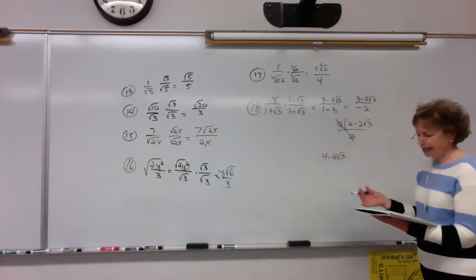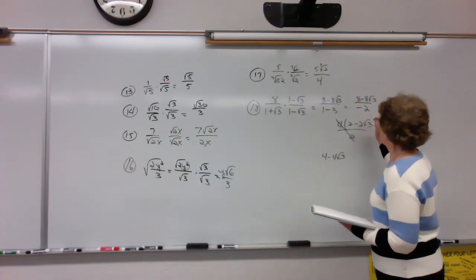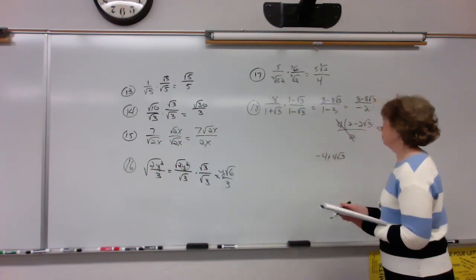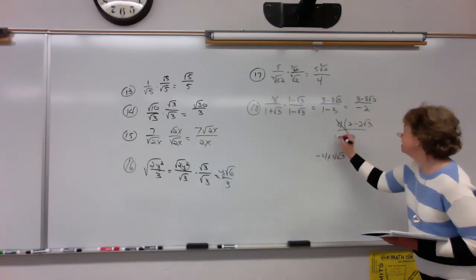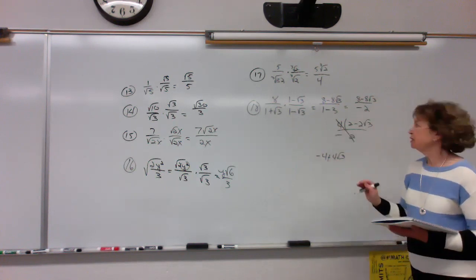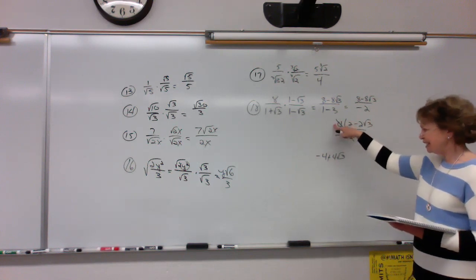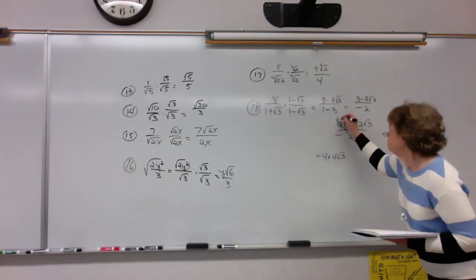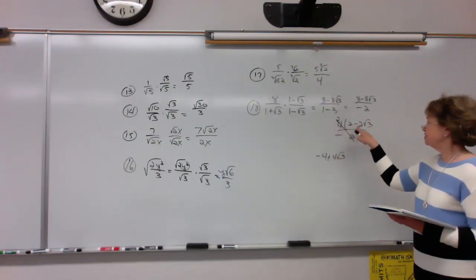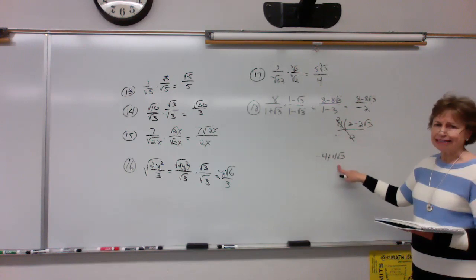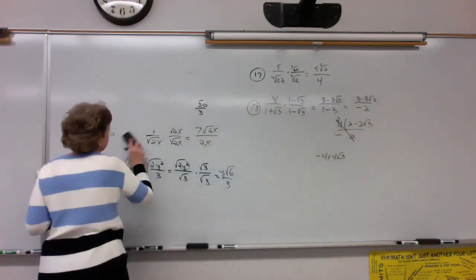I don't know the best way to do that, but I know it'd actually be minus 4 plus 4 root 3. If I'm finishing up, don't lose your minus sign like I just did when I'm talking to you on the board. Keep that minus sign, keep that minus sign. When I cancel, that's a negative 1 out in front. And so that was 2. Negative 2 times 2 is the negative 4, and negative 2 times the negative 2 was the positive 4. That was number 18.